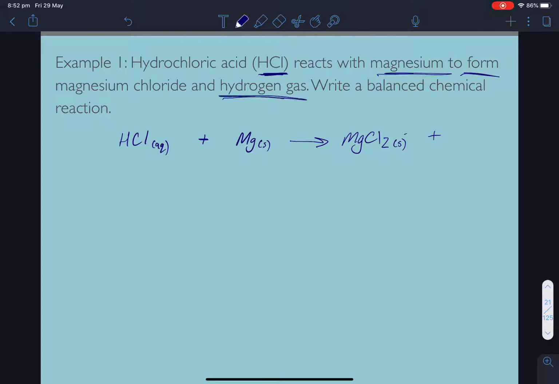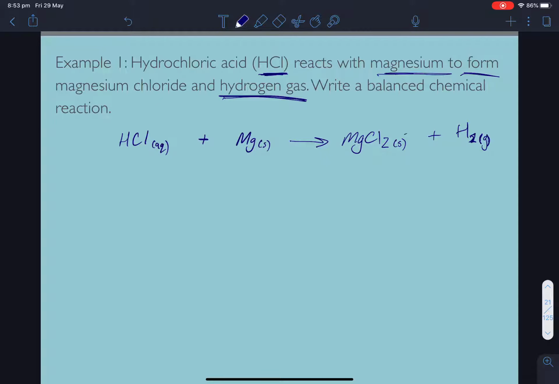Hydrogen gas. That's not just one atom of hydrogen. Hydrogen's a diatomic. It is a covalent compound where it bonds to itself, and it's H2, 2 atoms bonded, and it's a gas at standard temperature and pressure.